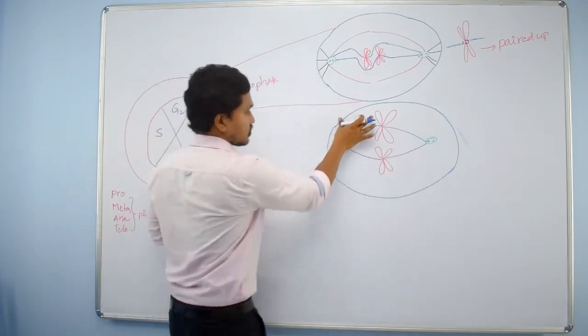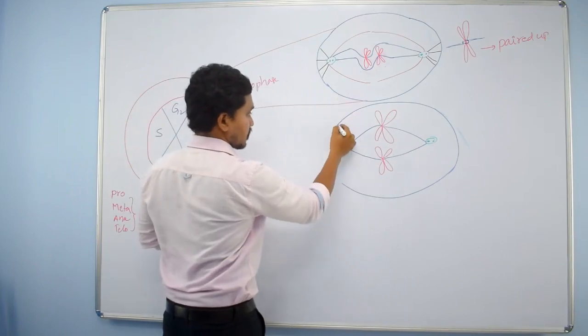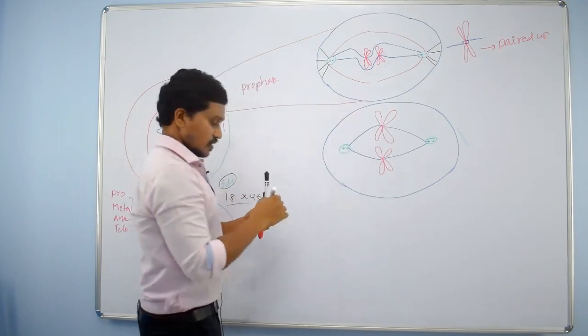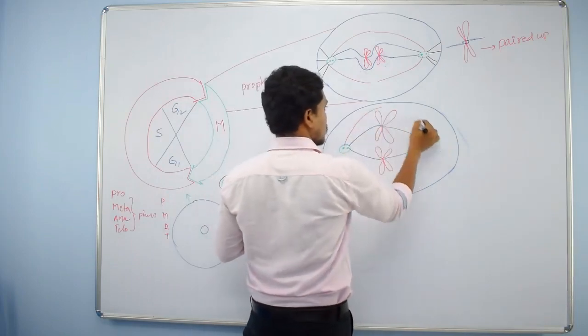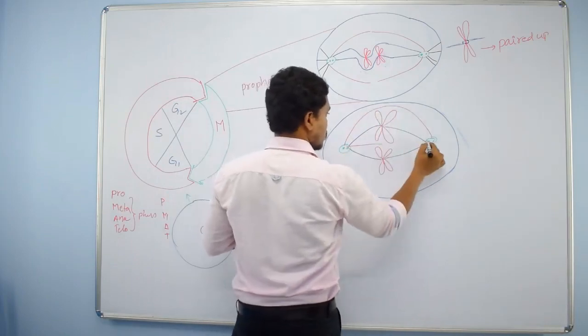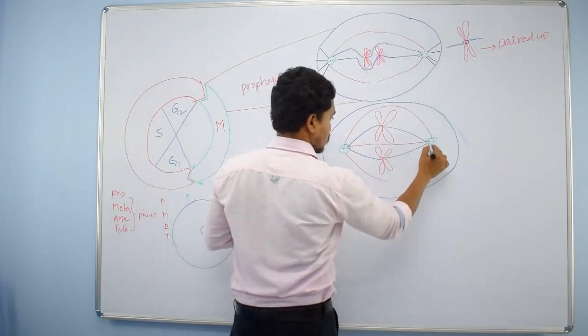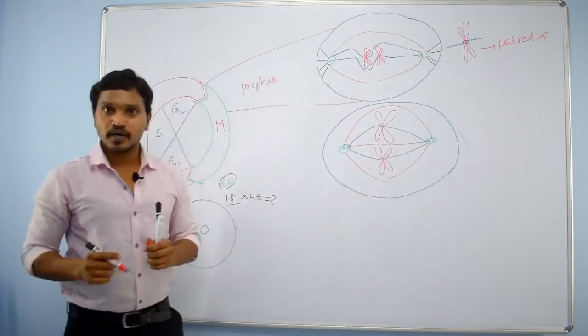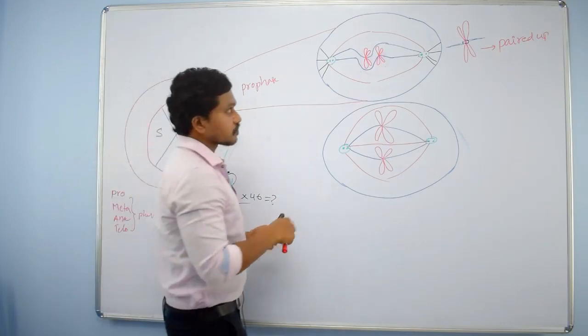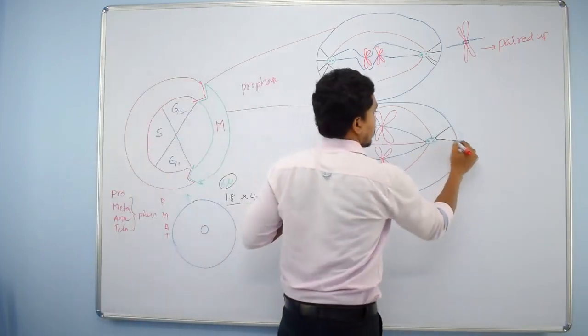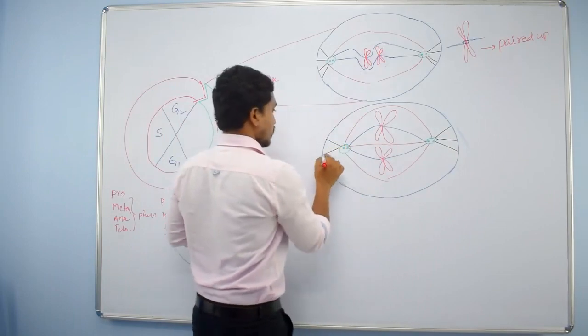Then polar microtubules. So these are polar microtubules, right? Then after polar microtubules, what should we draw? Anchoring microtubules, right?